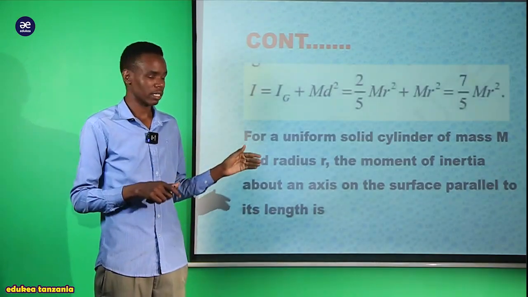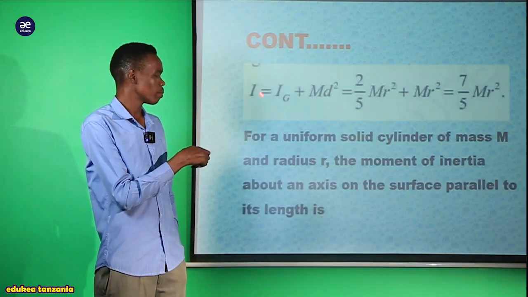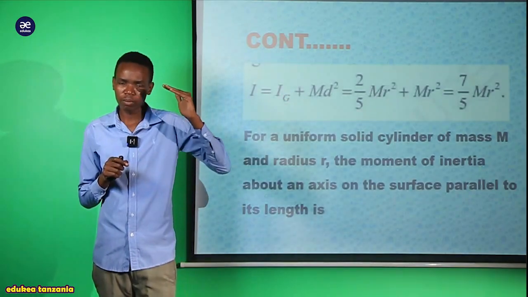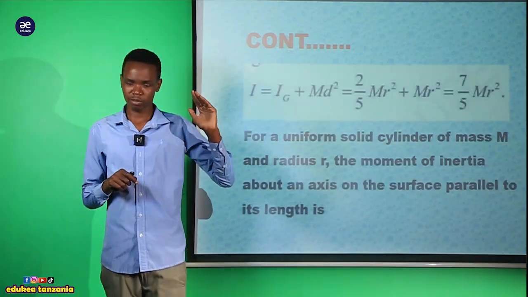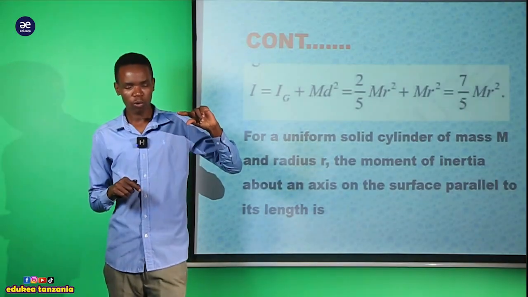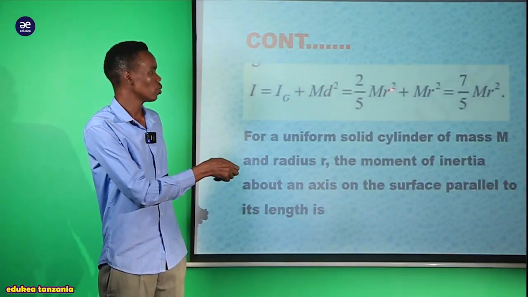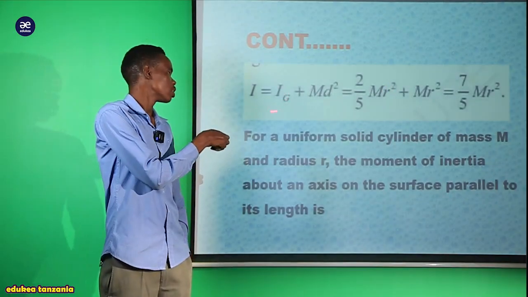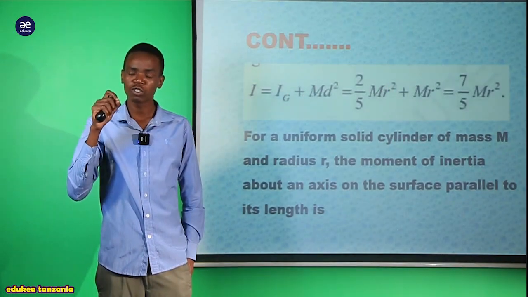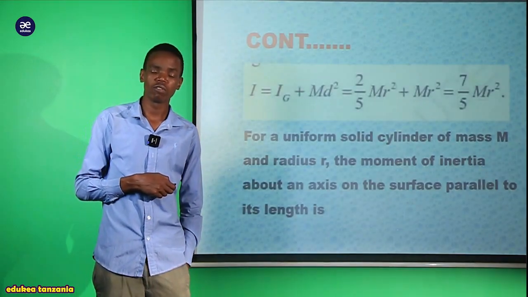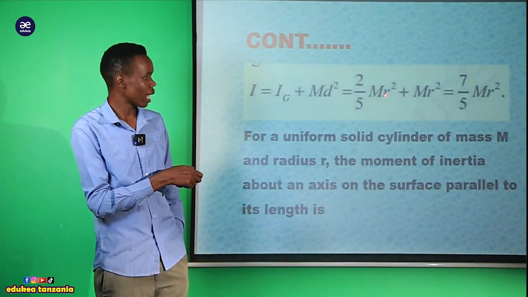So we substitute the moment of inertia through the center, which for the solid sphere, as we tried to demonstrate in our past figure, equals 2 divided by 5 mr square. Now, instead of writing Ig, the moment of inertia through the center, we substitute 2 divided by 5 mr square.